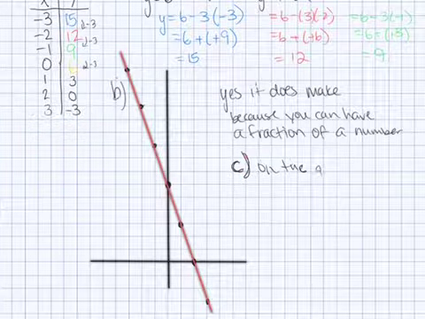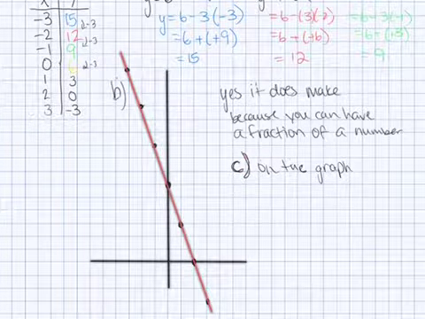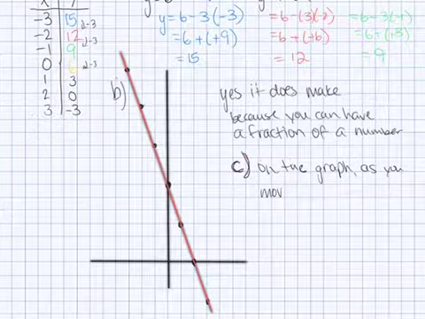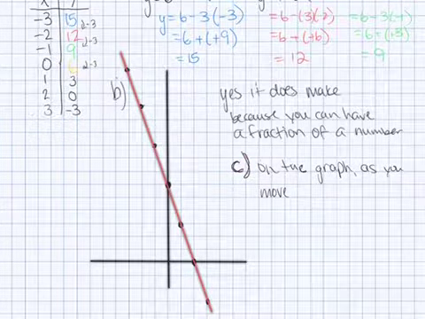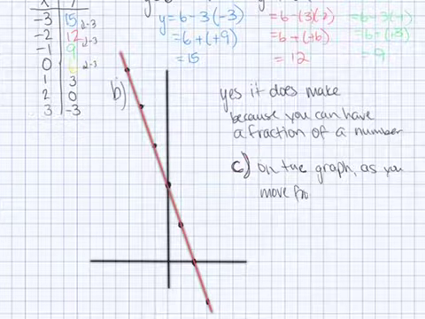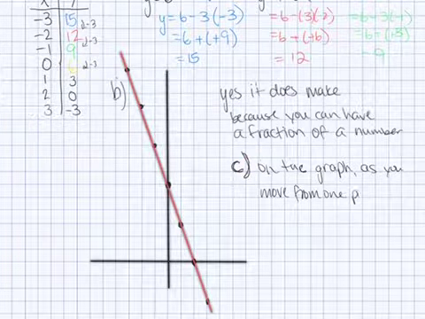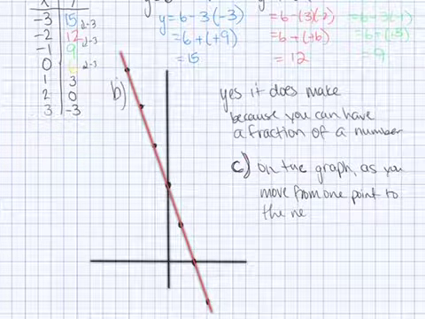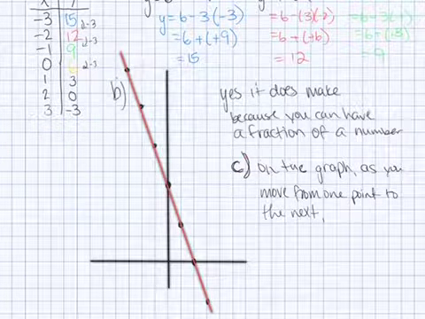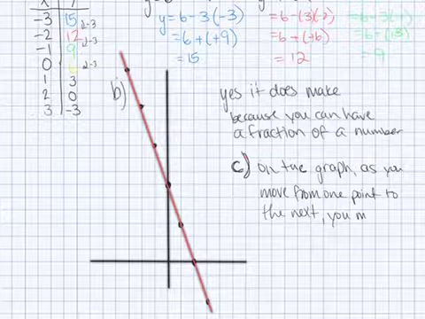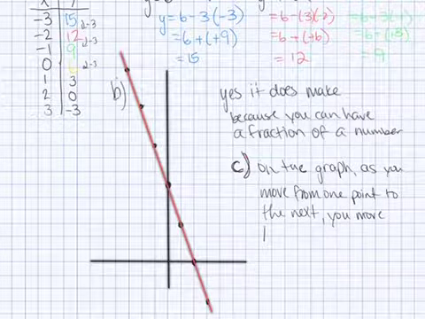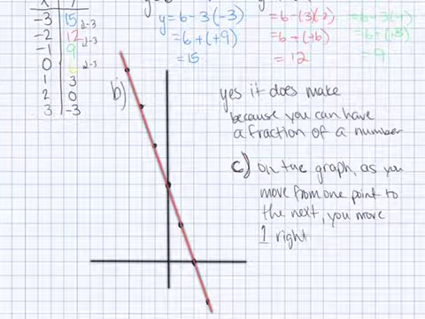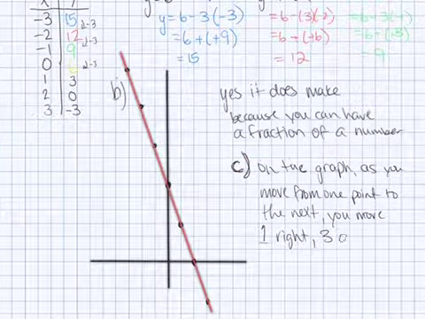But on the graph, as you move from one point to the next, you move one unit to the right and 3 down.